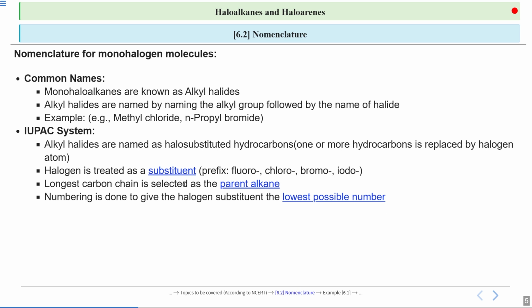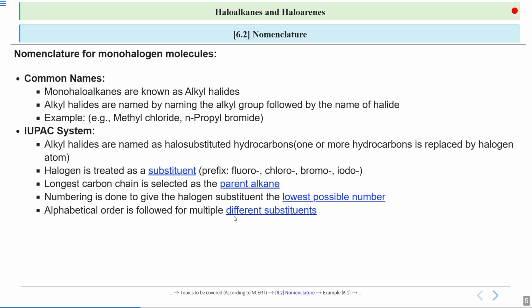When you have selected the longest chain, you start numbering in such a way that the carbon at which the halogen is present has the lowest possible number.